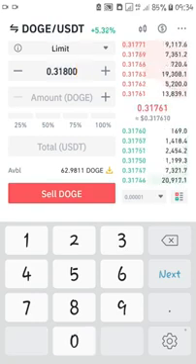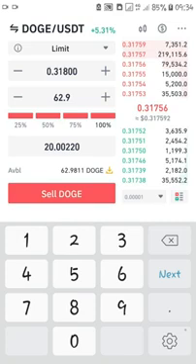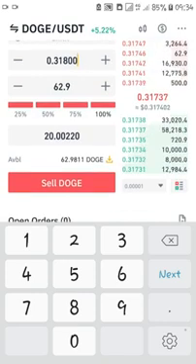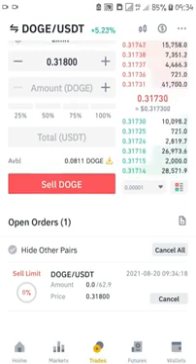So when Dutch rises to this price, I want to sell all my Dutch and I'm going to get 20.00220. So I'll just click on sell. So when Dutch rises to this price right here, my Dutch is going to sell automatically. So I don't even need to watch the market. I'll just leave it and it's going to sell. So that's how you buy low and sell high.